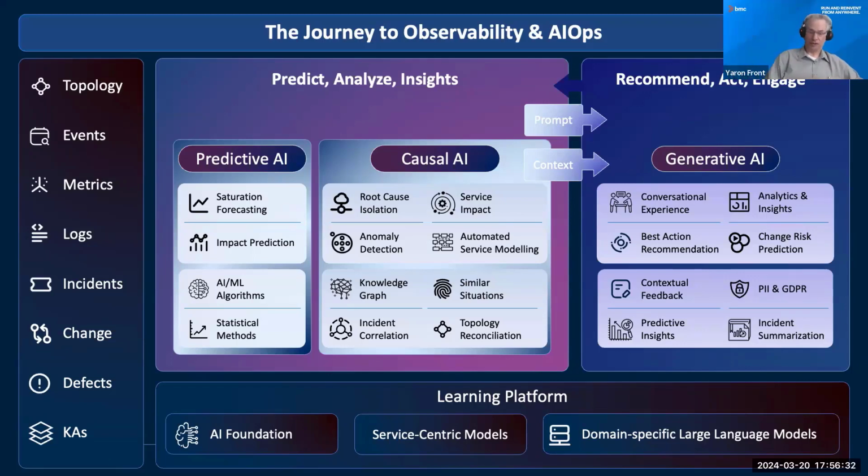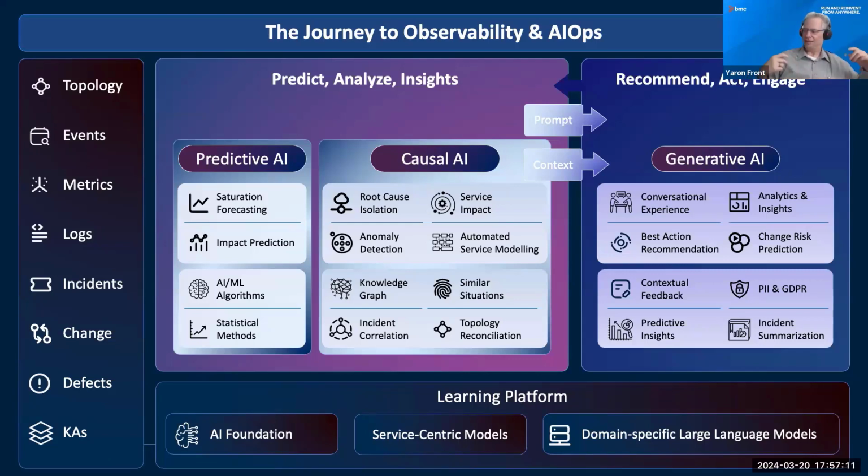Insight, change risk prediction. So if I know I'm going to have a change coming up, like in Dorsey's story, where the change blew up everything on Monday morning, can I assess how risky this change is? Things like best action recommendations. Tell me in simple, human, understandable language, your problem started on this router because it had a network outage, instead of saying, item XYZ22 had error minus 31.